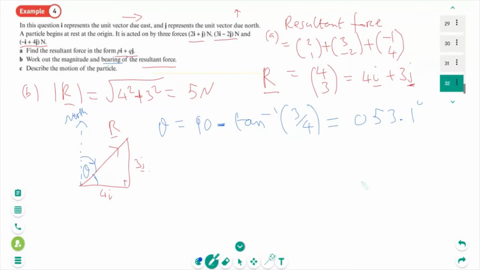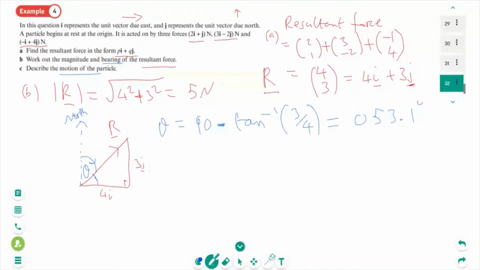And the last part: describe the motion of the particle. Because there is a resultant force, the particle is going to accelerate, and the direction of the acceleration will be the same as the vector 4i plus 3j.